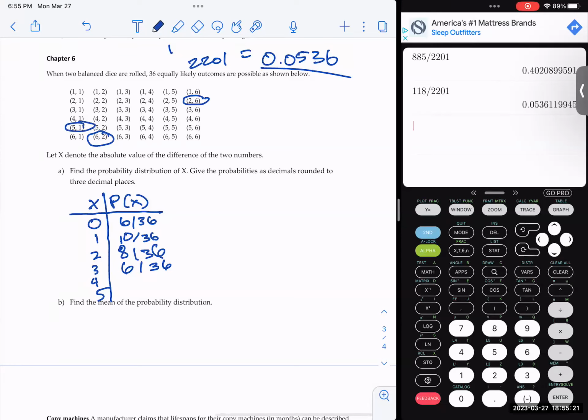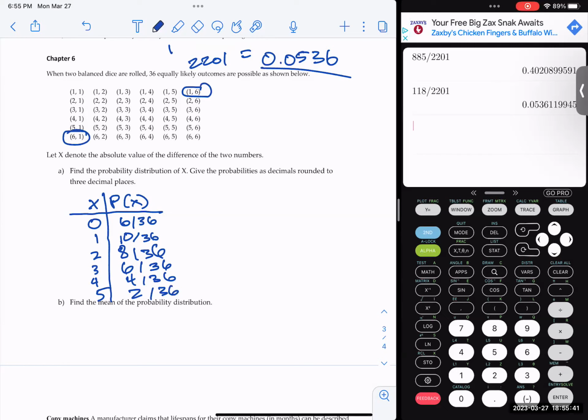Yeah, absolutely. 5 and 1 and 1 and 5. So how many is that? Yeah, very good. 4 out of 36. And then 5, there's going to be fewer ways to do that. Yeah, so 1 and 6 and 6 and 1. That's it. 2 out of 36.